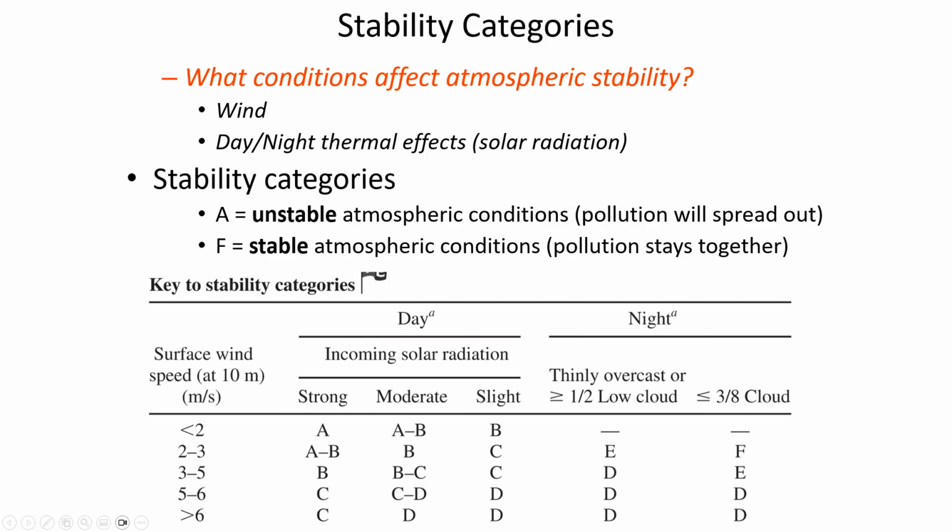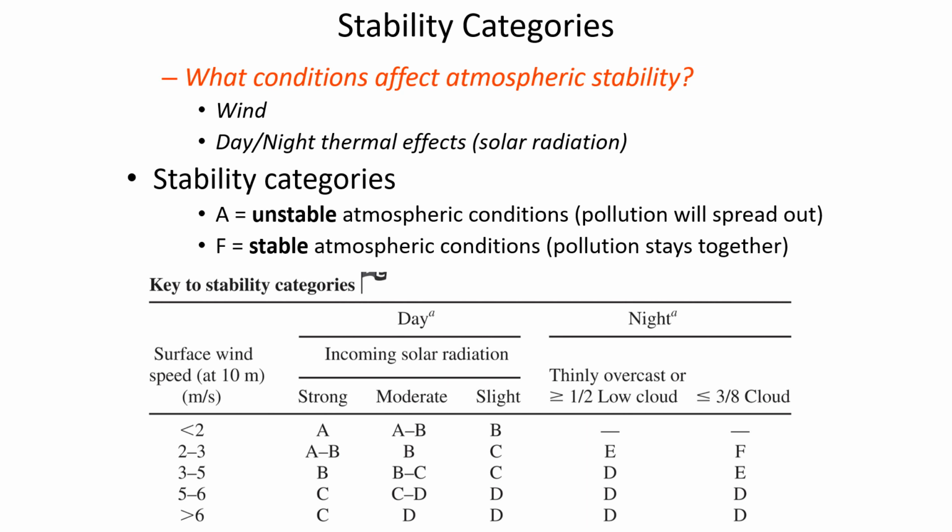So if we have a lot of heating at the ground surface and the air is rising and the thermals are causing a lot of vertical turbulence, then that's going to tend towards unstable conditions and the pollution spreading out. Whereas if we have slight solar radiation, maybe because it's winter time, and the sun is low on the horizon in the wintertime, the radiation isn't as intense.